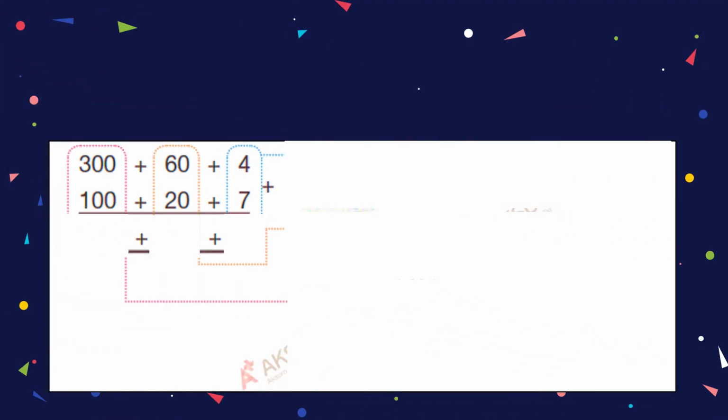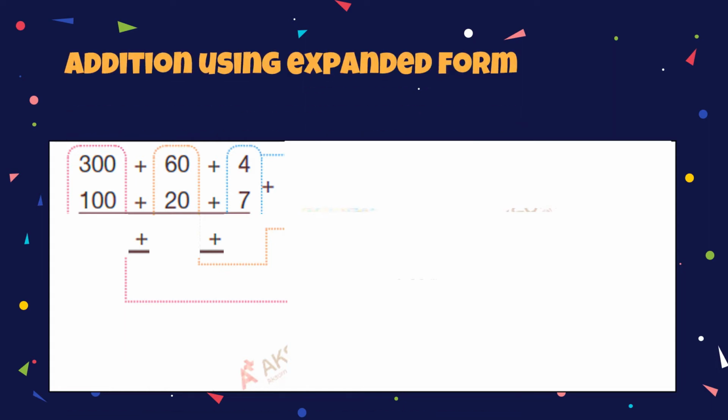Let's check another method on how to add with regrouping. The next method that we have is addition using the expanded form. So we're going to add 364 plus 127. But first, let's expand 364.